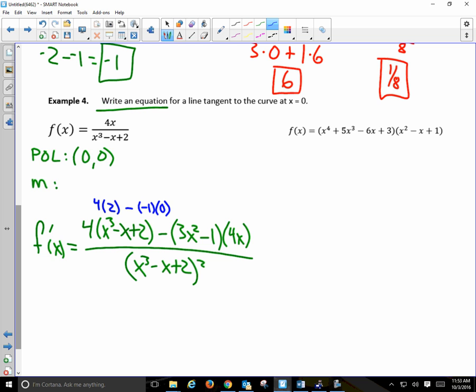And on the bottom, you got 2 squared, right? So it looks like we've got 8 minus 0 over 4, which is 2. Y-intercept is 0, so y equals 2x. Done.